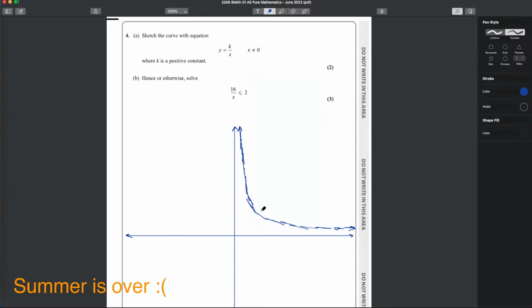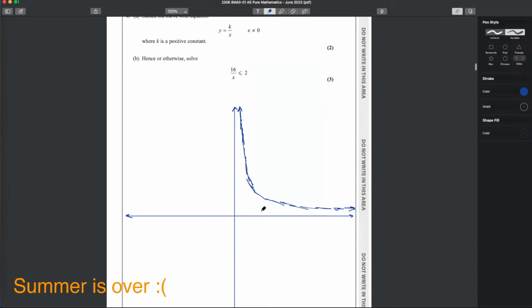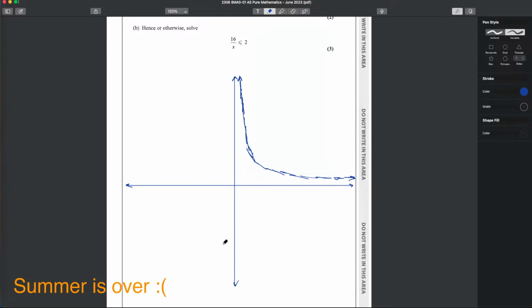Slide rule. A slide rule. I have no idea, to be honest. I mean, I feel like if you know how to use a slide rule, that's just impressive enough that you deserve the right to take it with you. I don't even think I know how to use a slide rule.